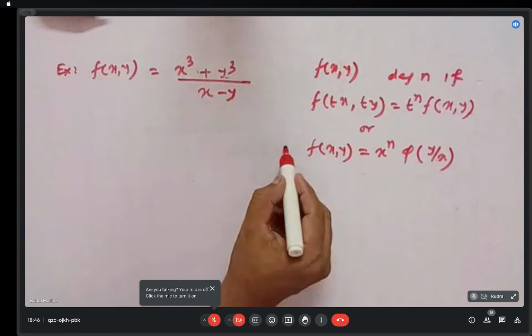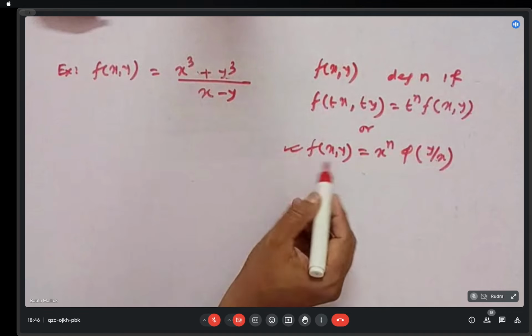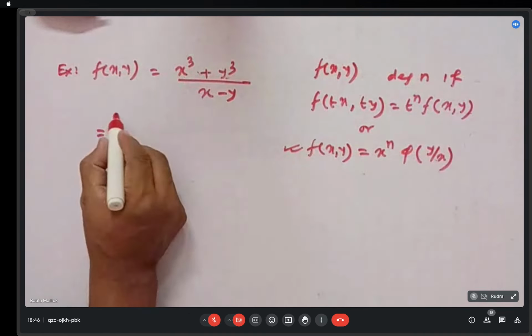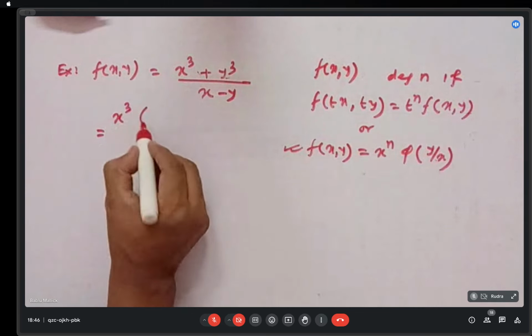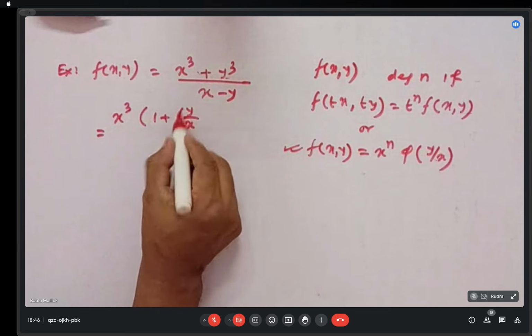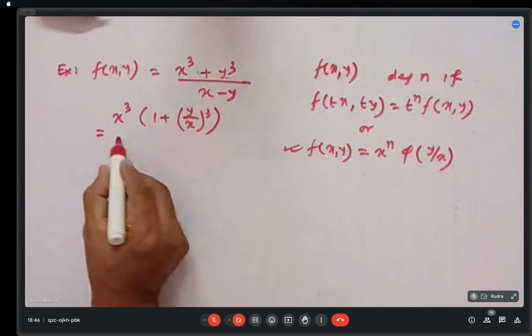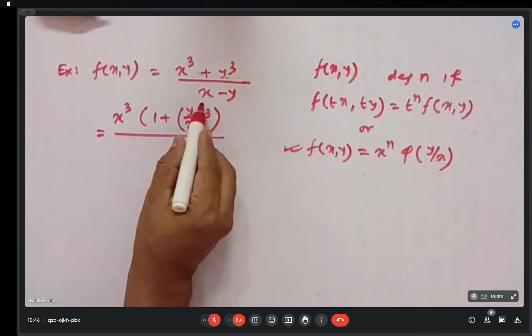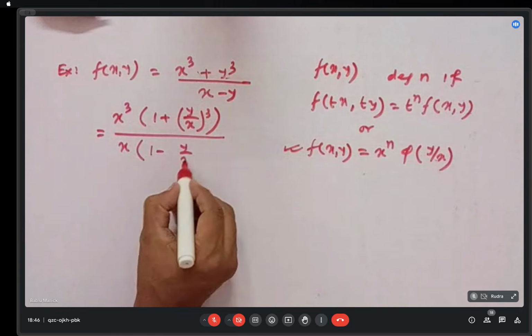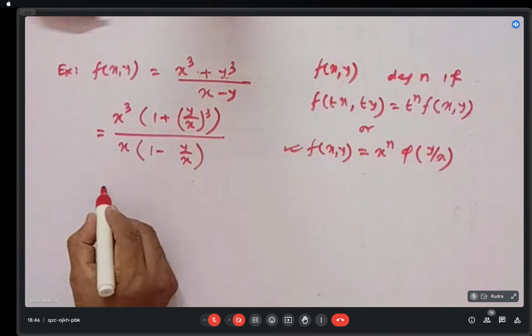In maximum cases, I shall use this. I can take x cube common from the numerator, so it is 1 plus y by x whole cube, divided by, taking x common from the denominator, 1 minus y by x.